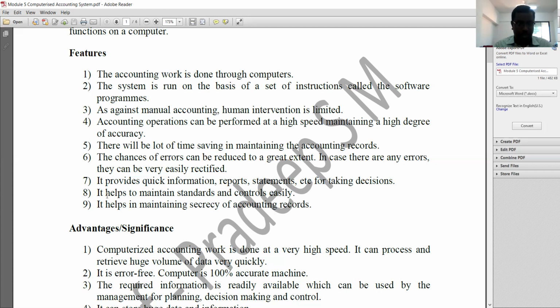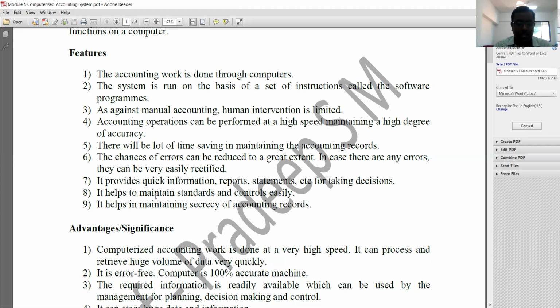Then the eighth one is that it helps to maintain standards and controls easily. Standards and controls, meaning it helps us to maintain uniformity in accounting practices. If everyone is using Tally, then we can find a certain kind of uniformity, or you can say standards, in accounting practice.